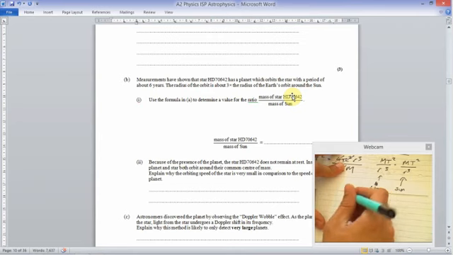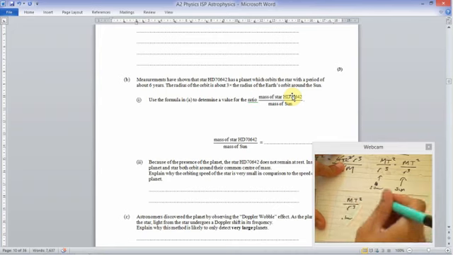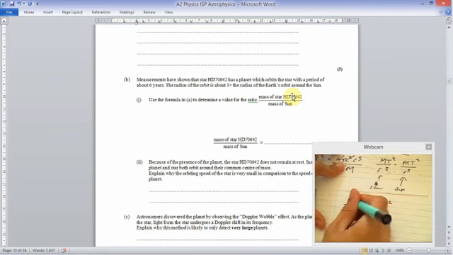So we have this idea here. That's at the start. Mass of the Sun. Okay, so that's of the star and that's of the Sun. So we want M star over M Sun.